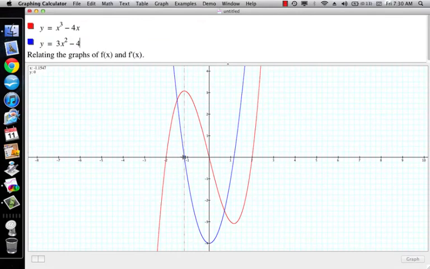Now if we go on the blue graph, lock right on the intercept there, where the blue graph changes from being positive to negative, the blue graph is 0. So the derivative is 0, and that means that the slope of the red line is 0. And there we see that right at that point, the red line has a maximum because it rolls over, and right at that point, it's got a slope of 0.